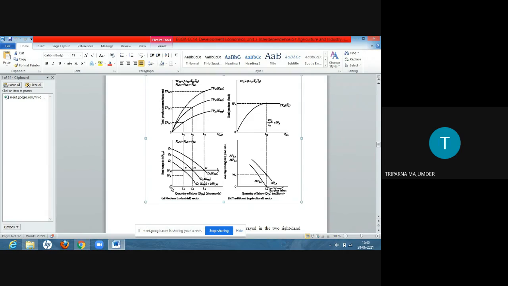Total product in the modern sector is OD1FL1. Amount paid in wages is OWMFL1. So the amount of profit is WMD1F.